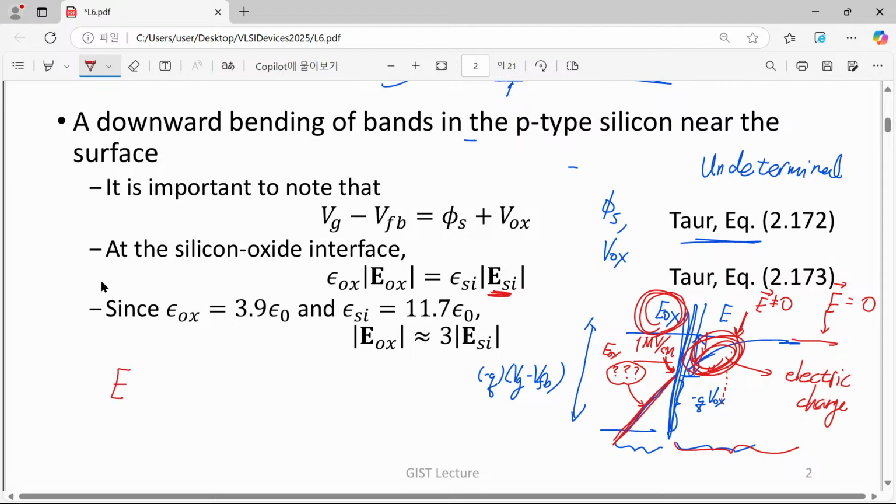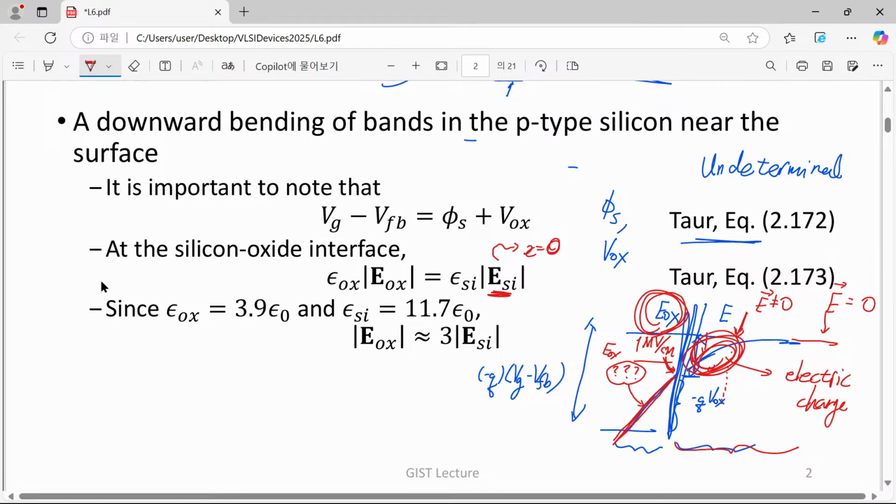If you have different positions, for example, let's say that this is 0 and E silicon at x equal to 10 nanometer, certainly they are not the same. Okay, so then how can you understand this equation? This equation should be interpreted as the electric field at x equal to 0.